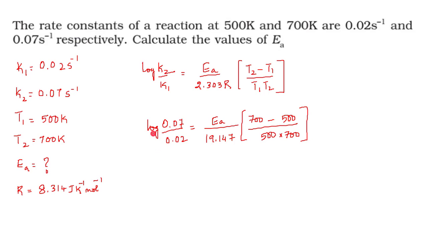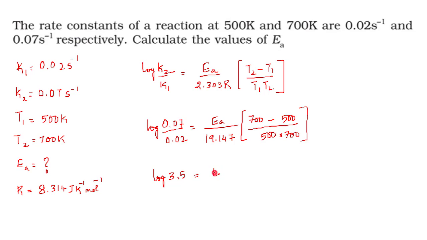Now here, log of 0.07 divided by 0.02 gives log of 3.5. You have to find the log value of 3.5.